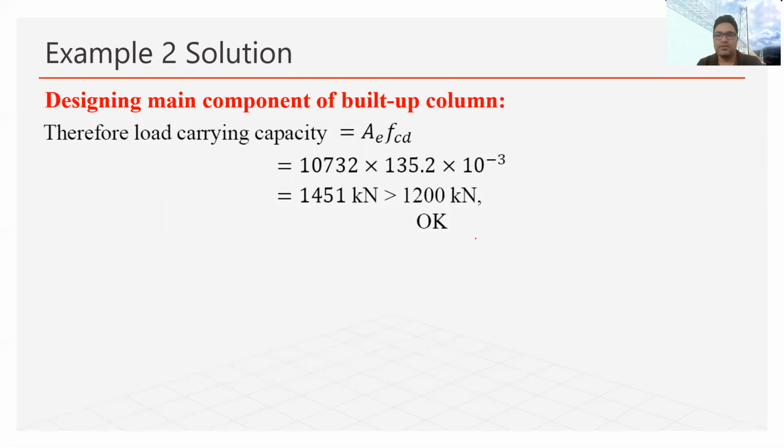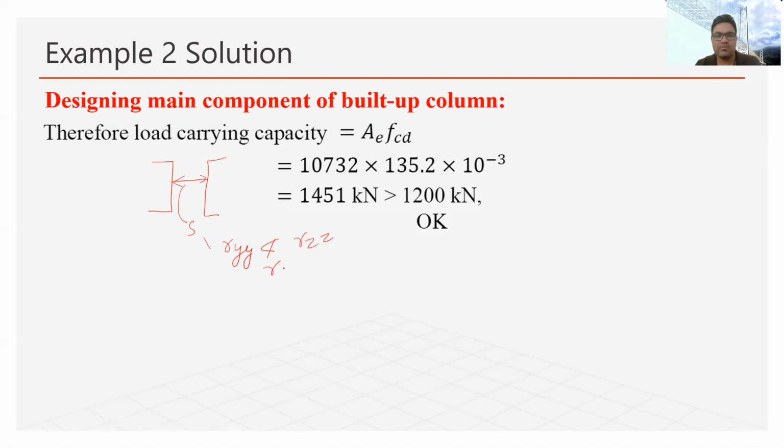So till now what we have done is we have decided our channel section. So these are ISMC 350, which is okay. Now the next process that we are supposed to find out is what should be the spacing between these two. So this spacing S is based on the fact that RYY should not be less than RZZ.